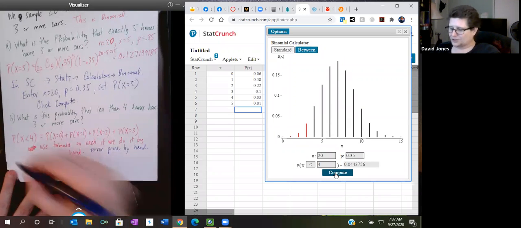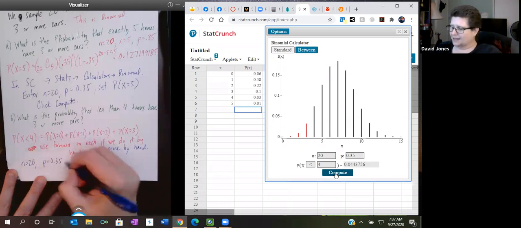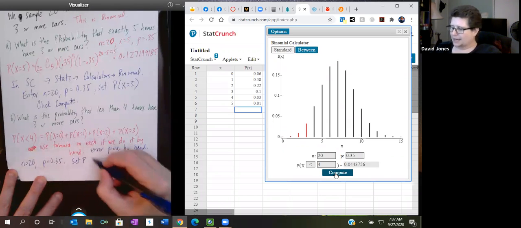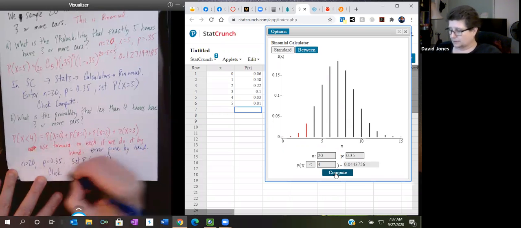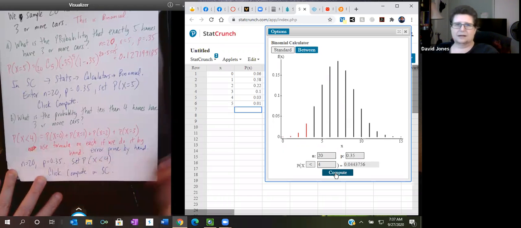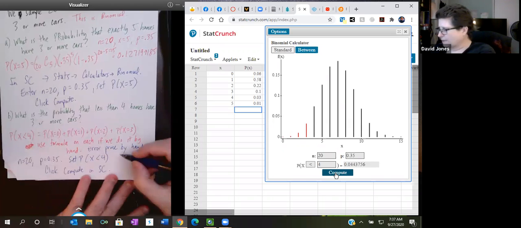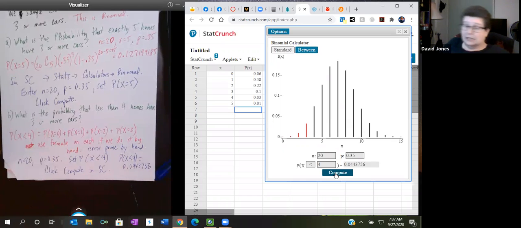In Statcrunch, n equals 20, p equals 0.35, set p to be x or less than 4, click compute. And we find the probability that x is less than 4 is 0.044376. And what MathLab, the homework asked for, it will depend on how many answers.